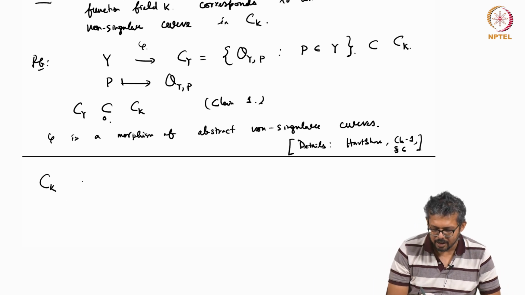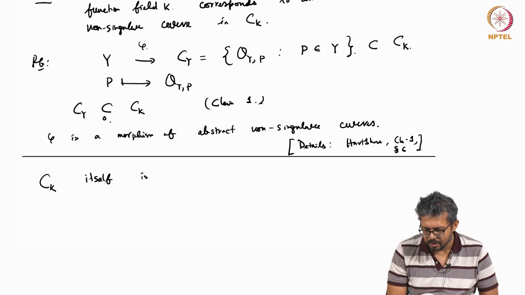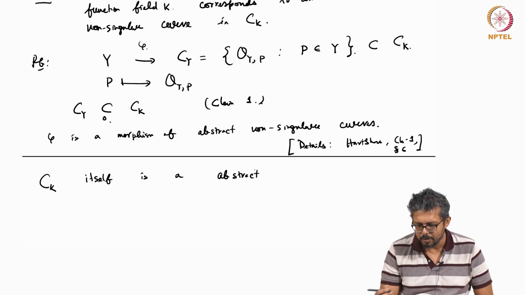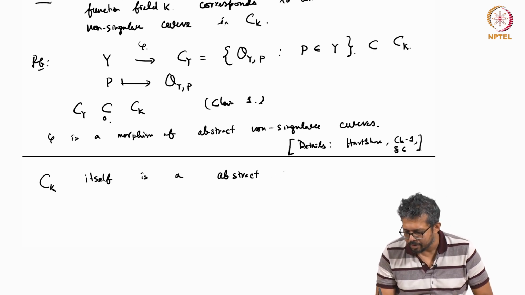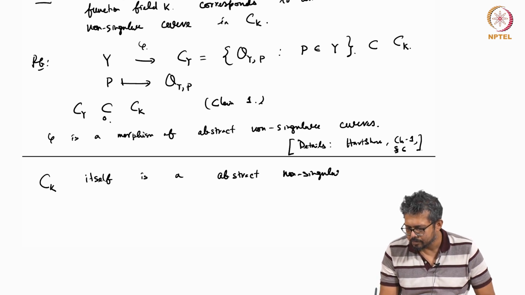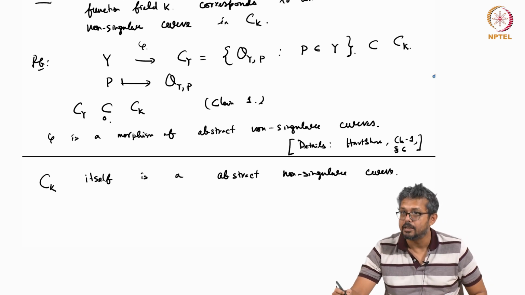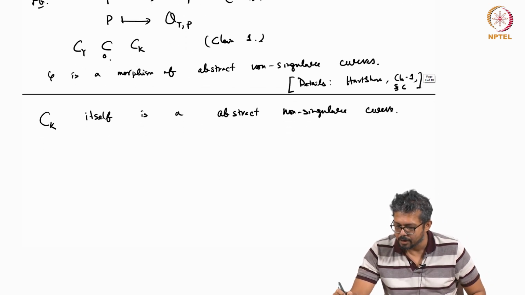So C_K itself is an abstract non-singular curve, right? The complement is empty, which is finite.